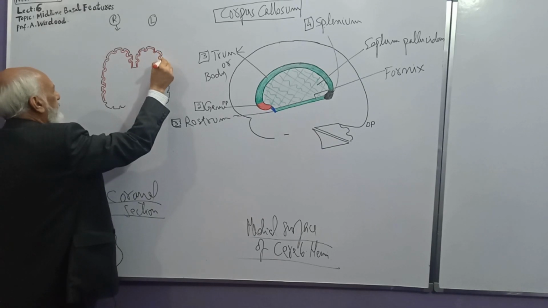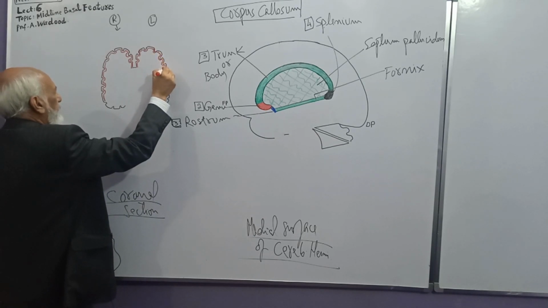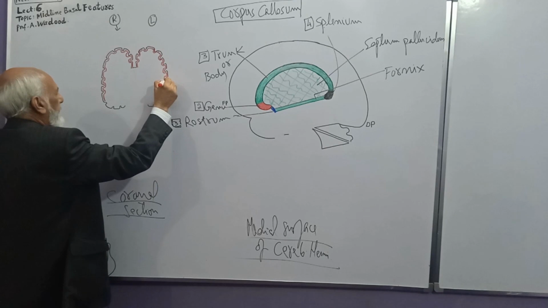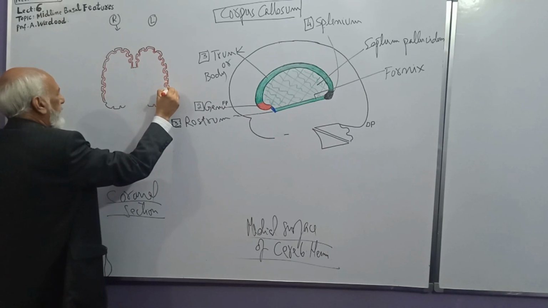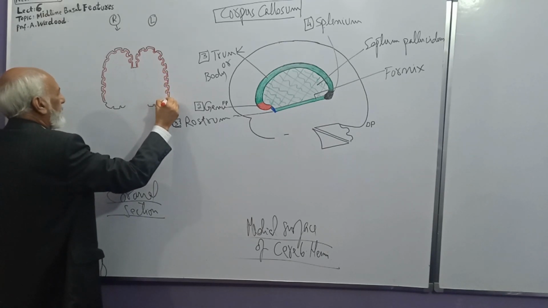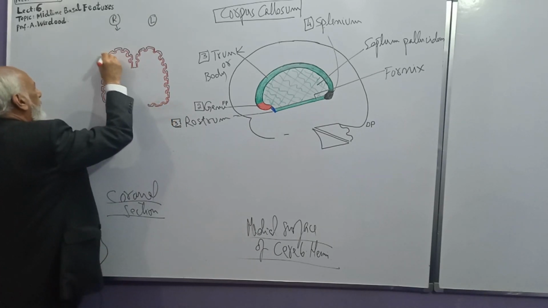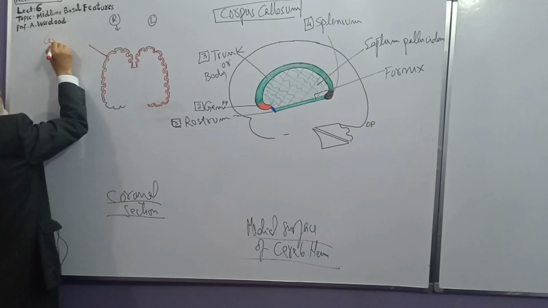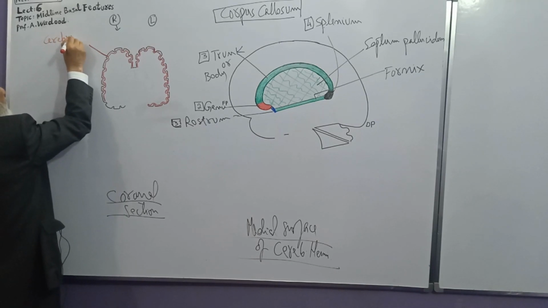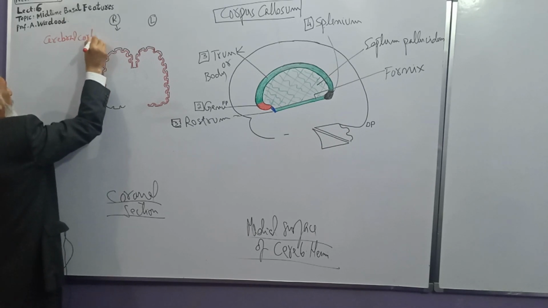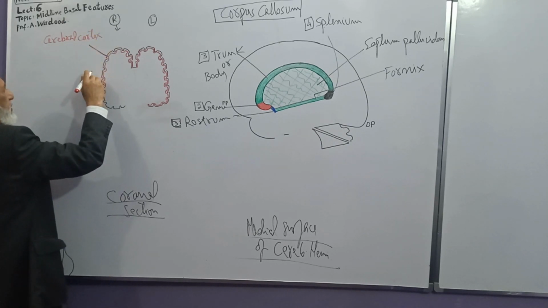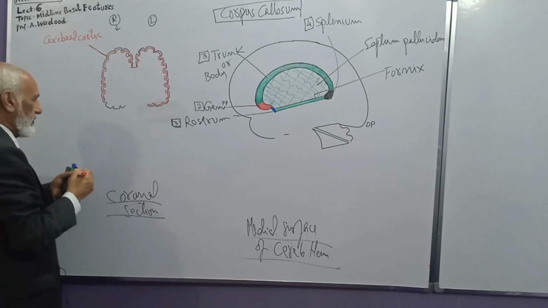Gray matter on the surface of the cerebral hemisphere is named the cerebral cortex. Gray matter outside, white matter inside.